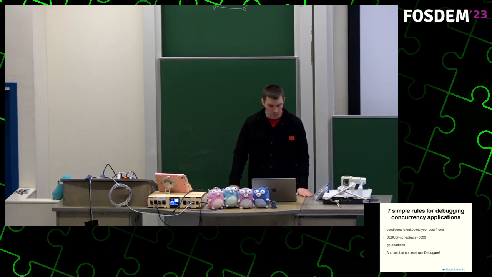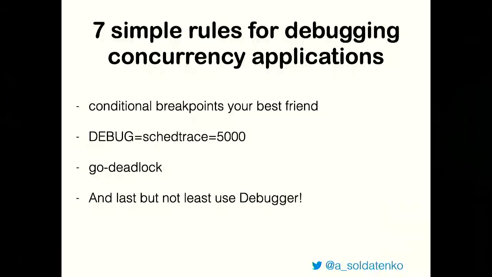As I said, you can use the scheduling tracer, you can use GoDeadlock, and last but not least, use a debugger. Don't forget about it. It's also very handy. And with every release, I see debuggers adding new stuff, which is nice.